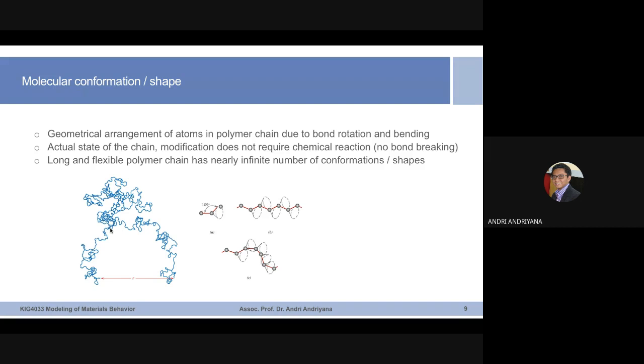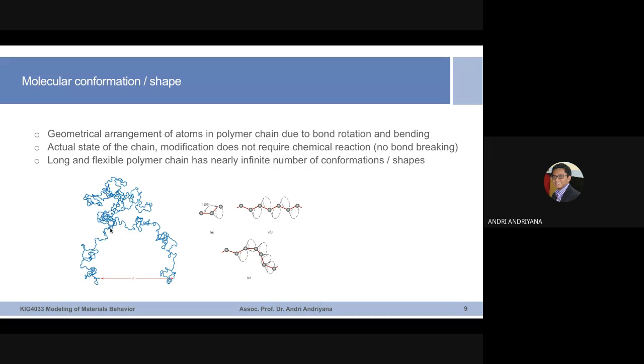Here you don't need it. You just simply change the shape. And this is what happens in polymer, and specifically because we are going to talk about rubber. If you imagine a rubber, you can stretch it by a certain amount of strain, at large amounts of strain. So what happens is that you really need to disturb the shape of the conformation.